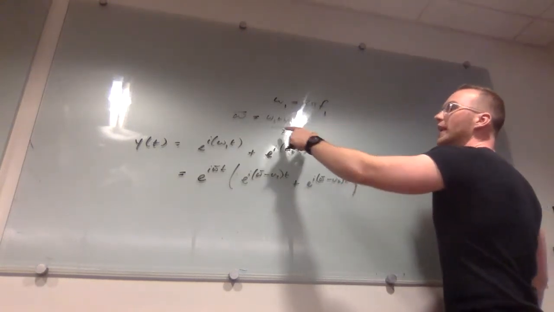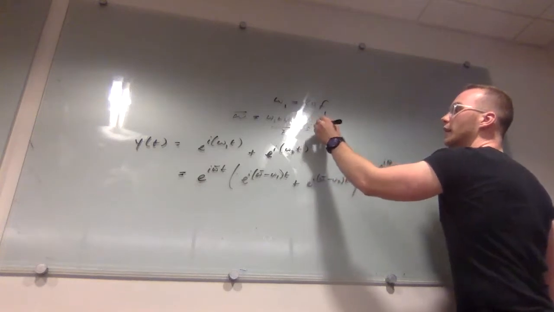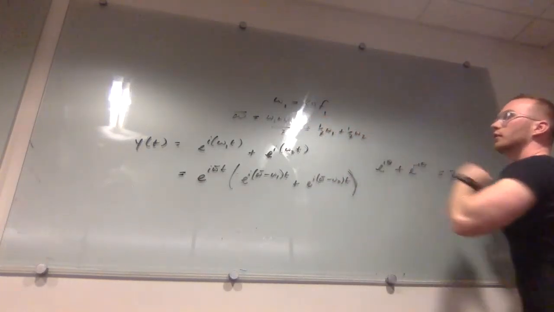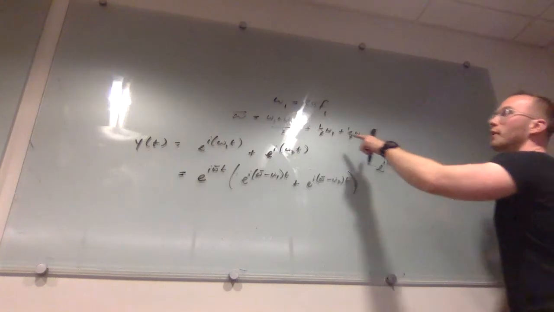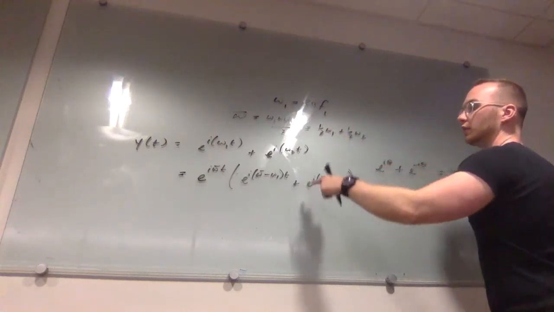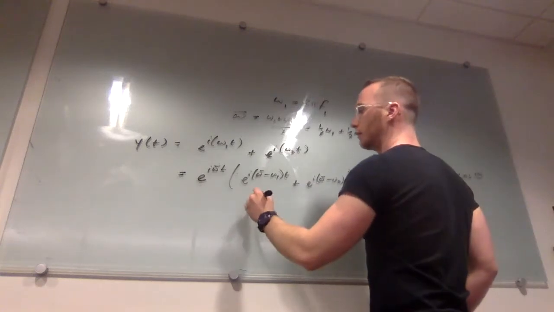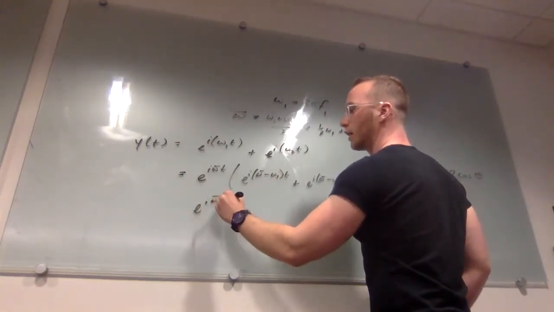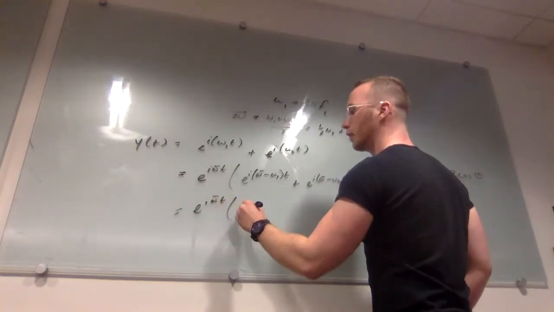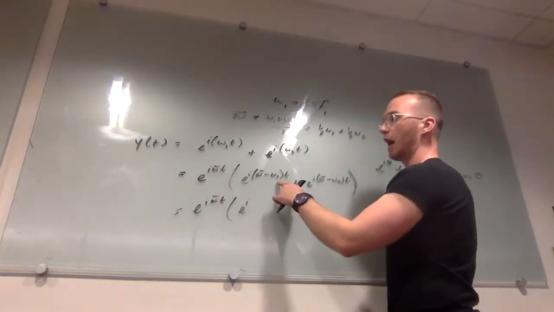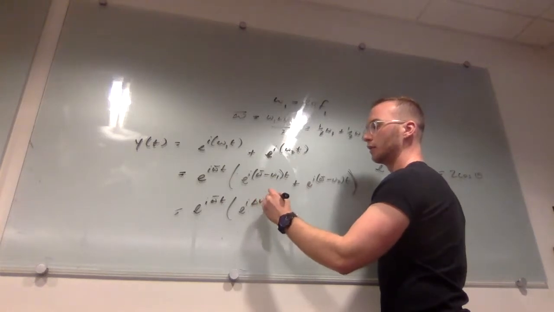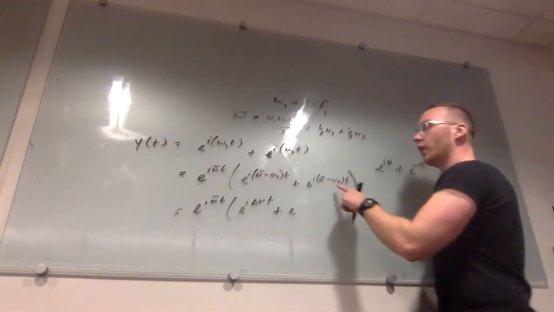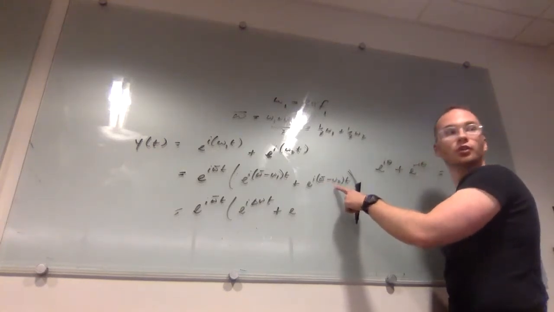So what's omega average? Omega average minus omega 1 is going to be what? Let's call it delta omega. I'm sorry about all these new symbols, but let's call omega average minus omega 1 delta omega, so e to the i delta omega t, plus e to the, well, now what must be omega bar minus omega 2?